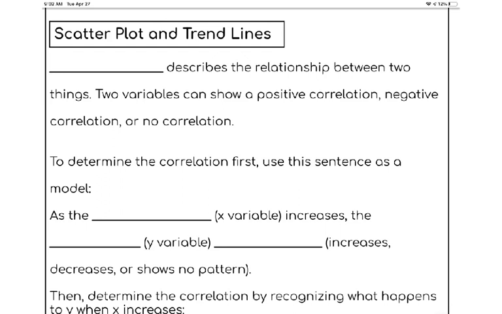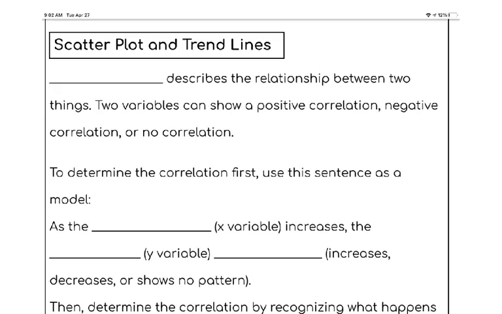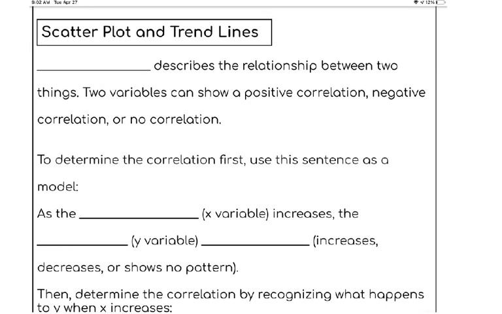And we're going to be looking at something called the correlation. The correlation is just like it sounds, or like you've used it in real world terms. It describes a relationship between two things.